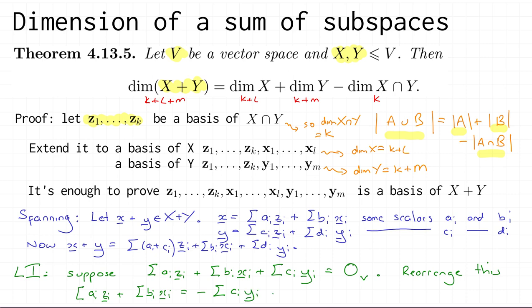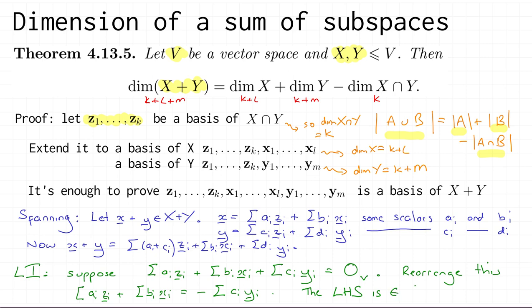So what can we say about the left-hand side and the right-hand side of this equality here? On the left, you've got an element of X, because the z's all belong to X intersect Y, so in particular they're in X, and the x's all belong to X. So the left-hand side is in X. LHS is short for left-hand side.